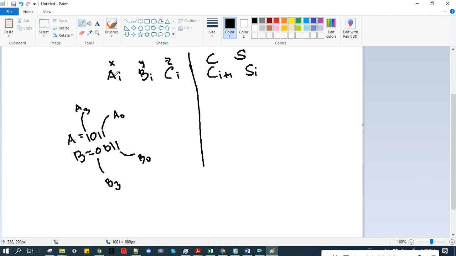So we have the values for A and B, but our input CI depends on our inputs AI and BI. If we try to analyze this, we can consider CI as an output actually, because our original inputs are AI and BI.